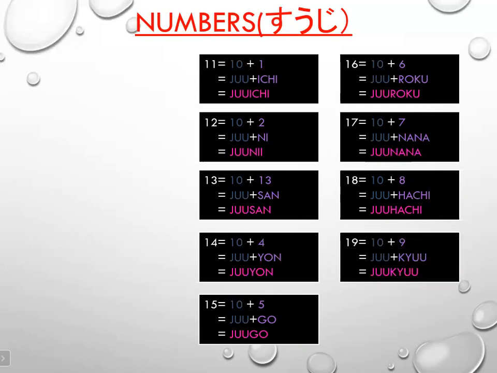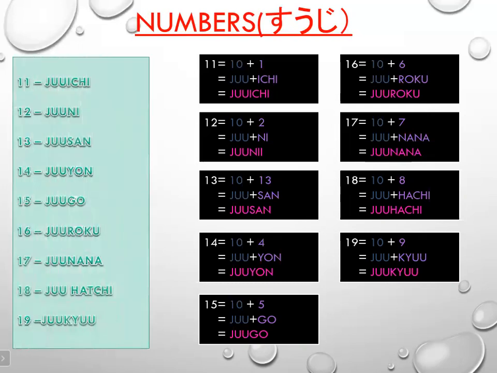Then 19, 10 plus 9, 9 in Japanese is kyu, so it will be ju kyu. So we will have a review of 11 to 19: ju ichi, ju ni, ju san, ju yon, ju go, ju roku, ju nana, ju hachi, and ju kyu.